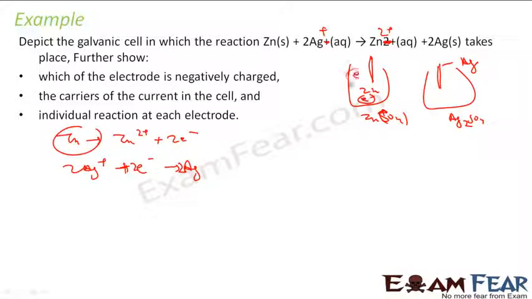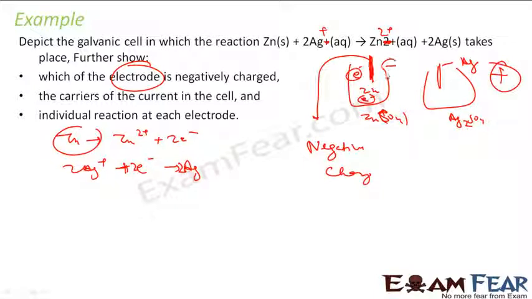So if we have more electrons here, this guy will be negatively charged. Hope you understand. Since at the zinc side we have more electrons coming out, zinc will be negatively charged. So the zinc electrode will be negatively charged, correct? And the silver electrode will be positively charged. This is clear? This is done.